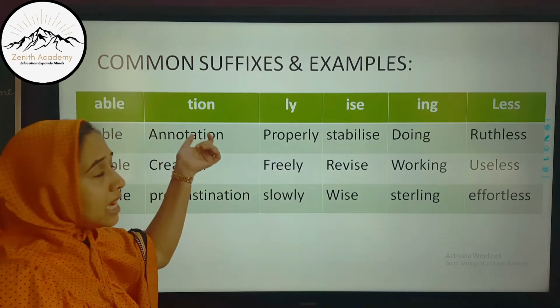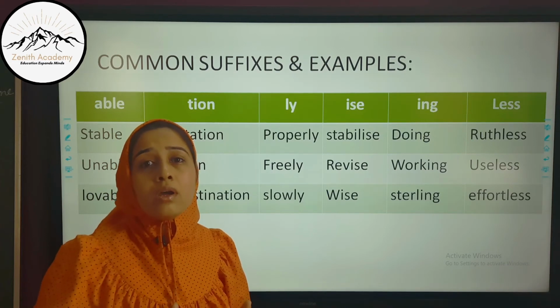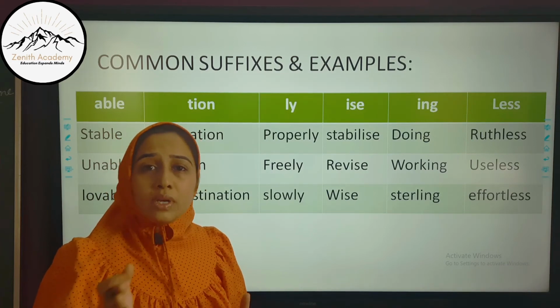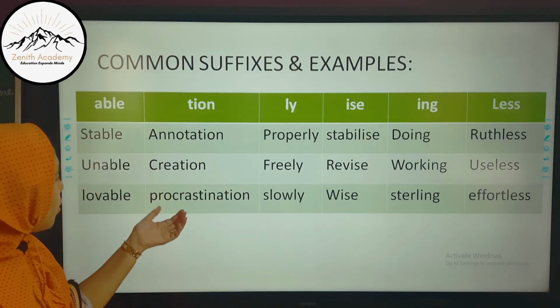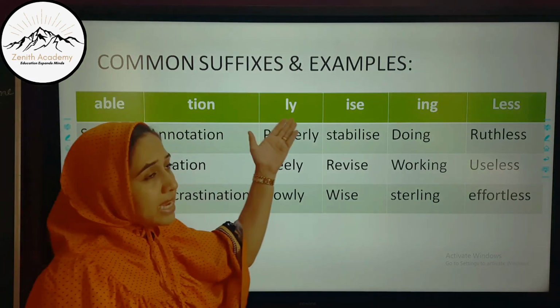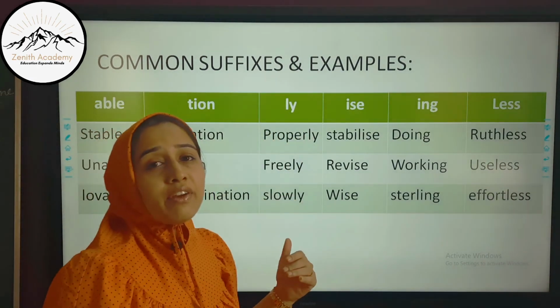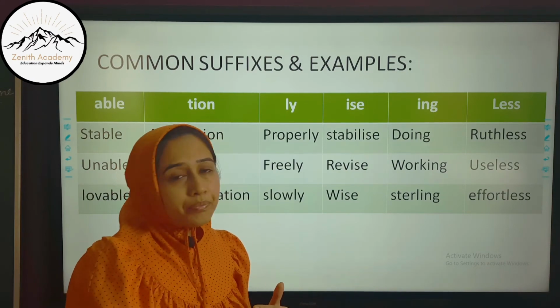So this tion is usually used when we have to change the class of the word from verb to noun. Create becomes creation. Procrastinate becomes procrastination. Next one is ly. Now ly is mostly added when we are changing the class of the word to adverb.